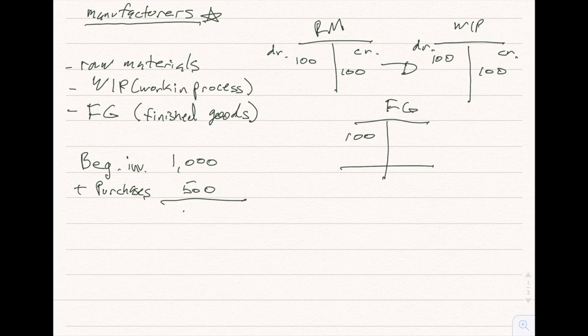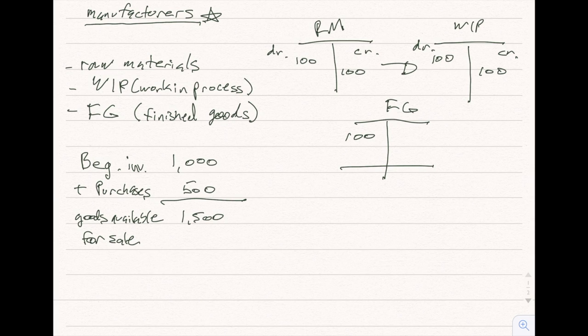You get an intermediate figure of 1,500. These are your goods available for sale. Okay. The next thing that we're trying to figure out ultimately is you have to go from goods being available for sale to actually being sold, right?